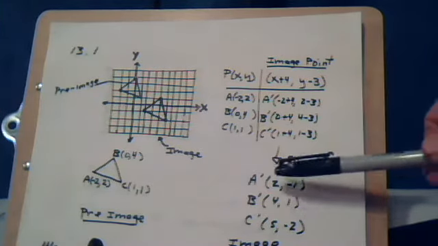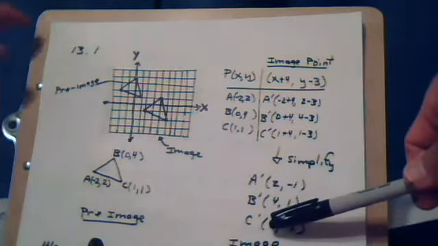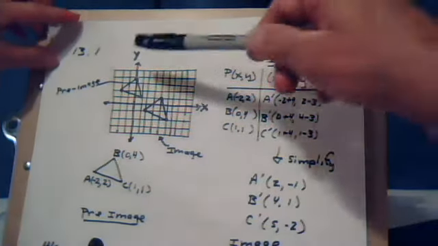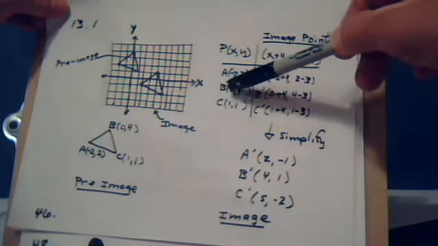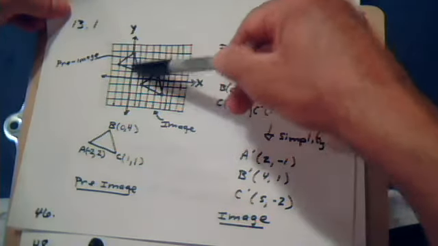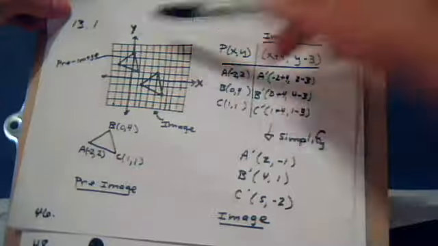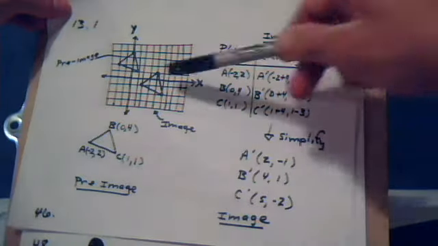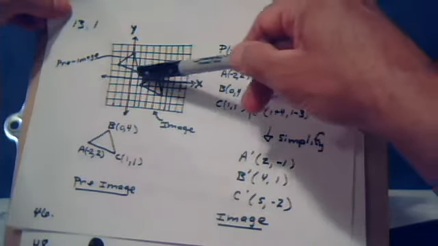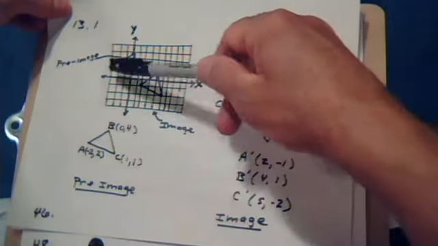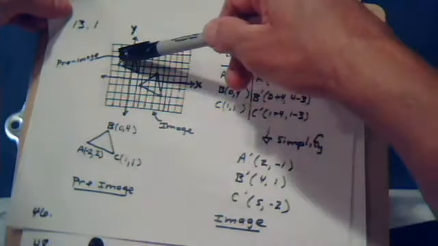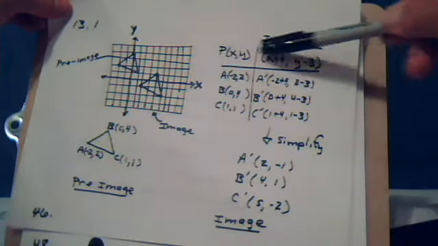After you simplify, this will give you the location of the image. If you identify these 3 points, these would be the 3 coordinates and their locations. Pre-image, image.